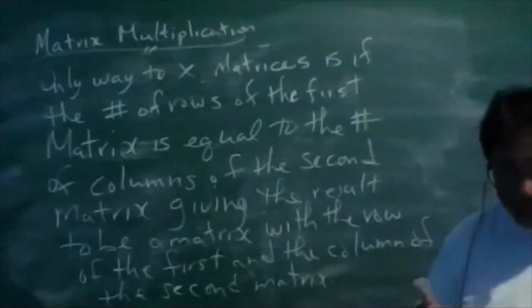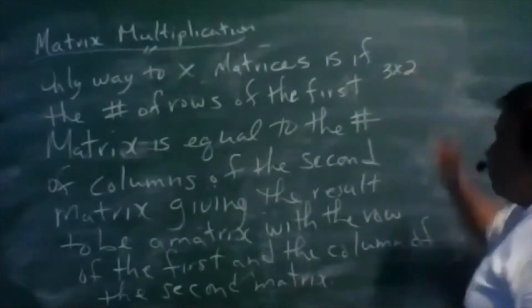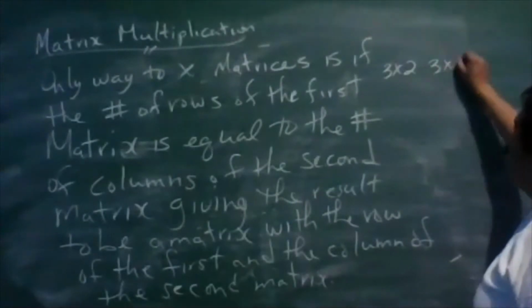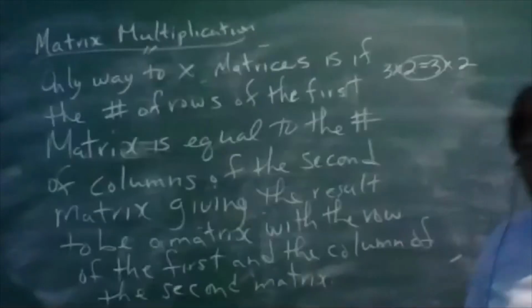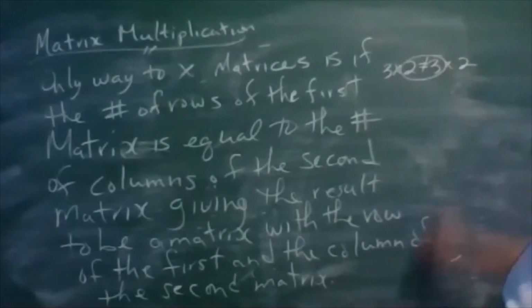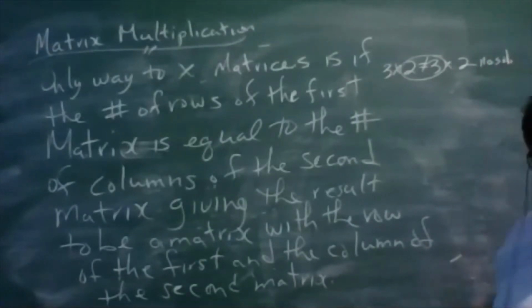Let me show you what this means. If I have a 3 by 2 and I have another 3 by 2, are these two equal? The answer is obviously no. So there is no answer there, no solution.